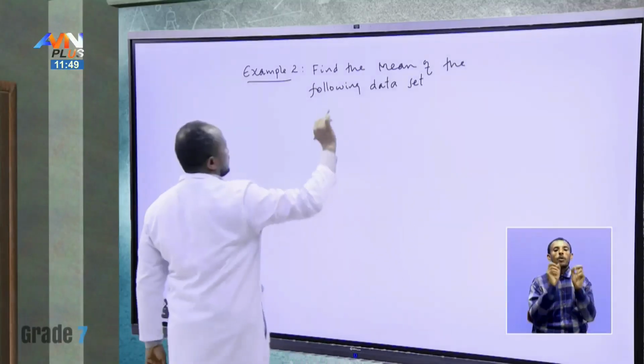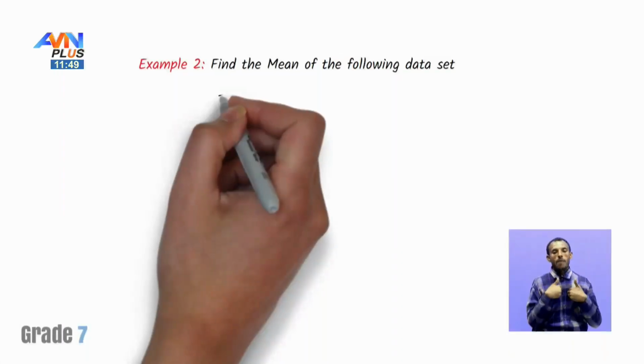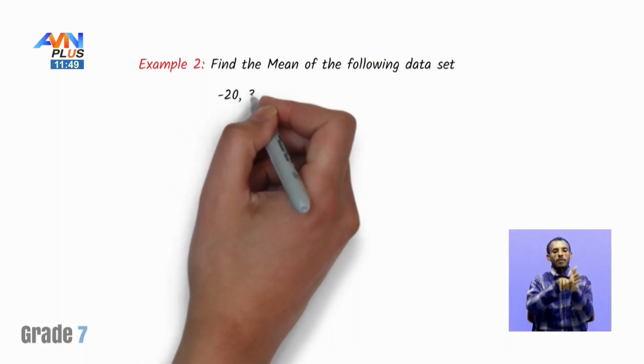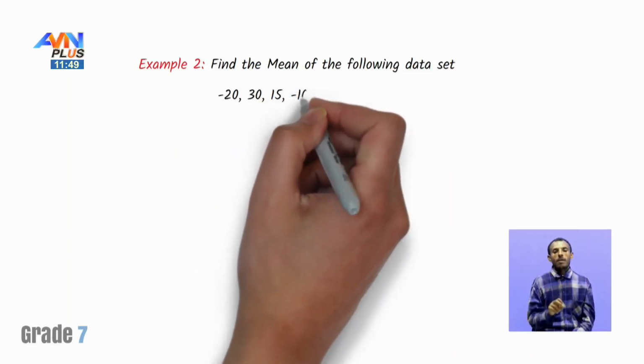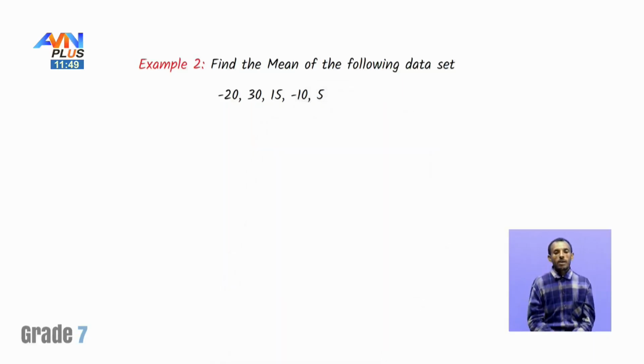Okay, here you have this data set, negative 20, 30, 15, negative 10, and 5.